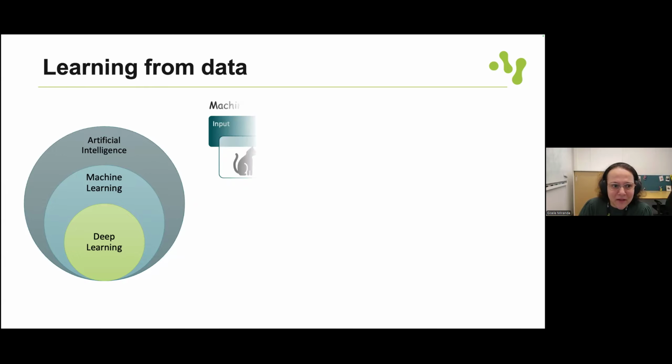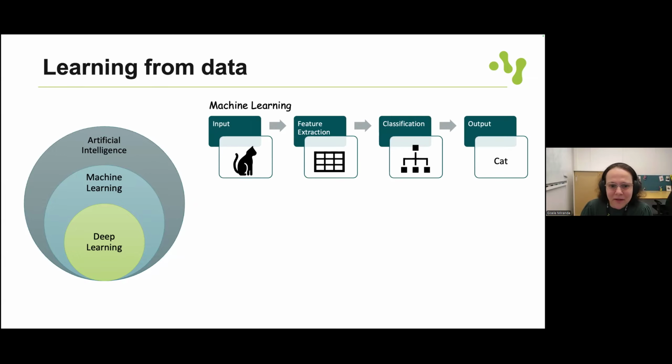So these are methods that learn from data. We have different concepts here of these tools. Not everything is deep learning, not everything is machine learning, but this is the correspondence, just to group these methods. In machine learning, similar to our pipeline, we usually have our inputs and we try to extract features.